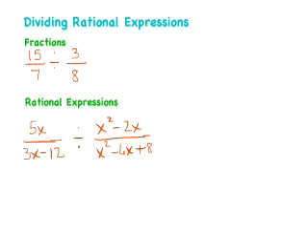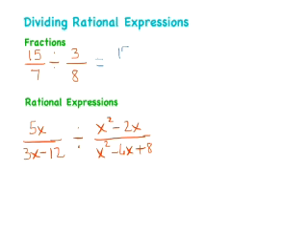All right, now for some dividing. Again, let's think about fractions first. How do we divide fractions? Well, hopefully you remember that dividing fractions is really not division at all.